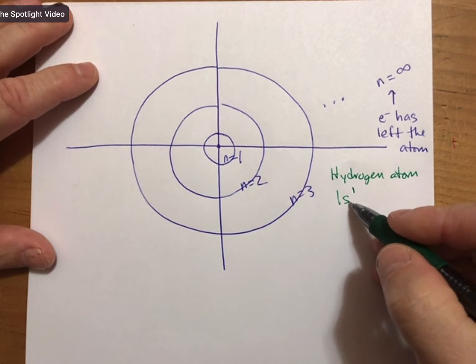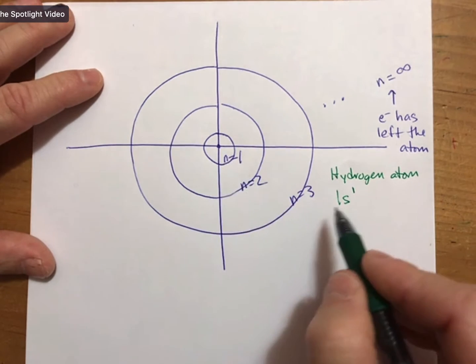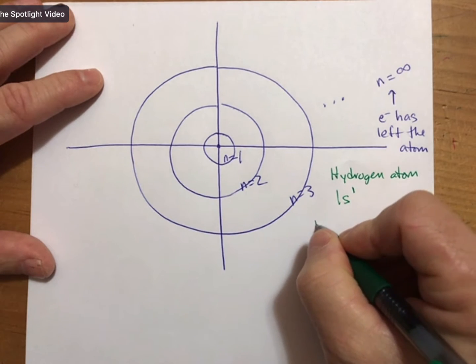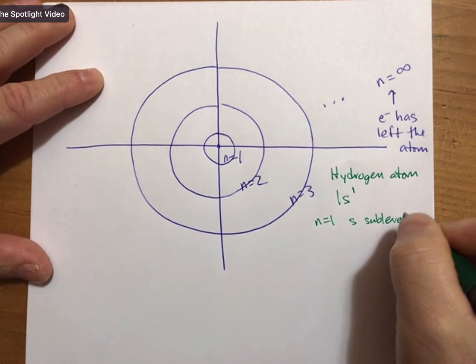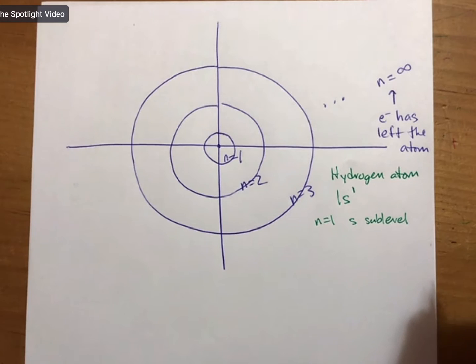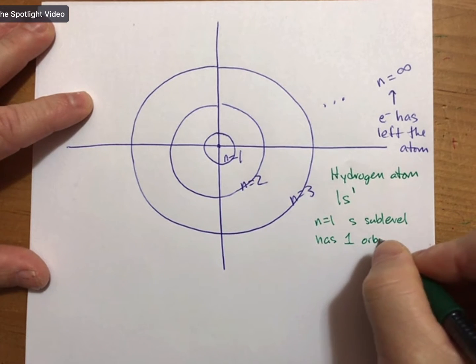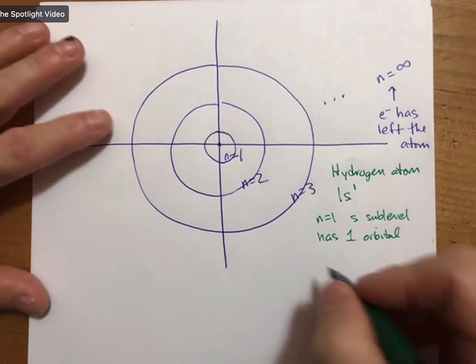What that means is that in n equals 1, there is an s sublevel, so n equals 1, s sublevel, has one orbital that can hold up to 2 electrons.